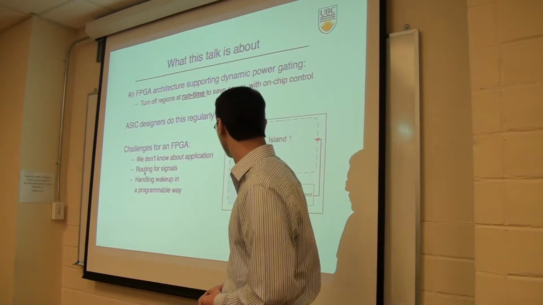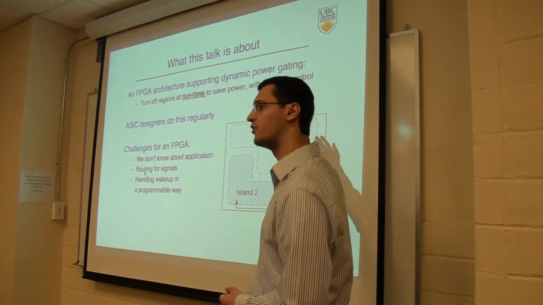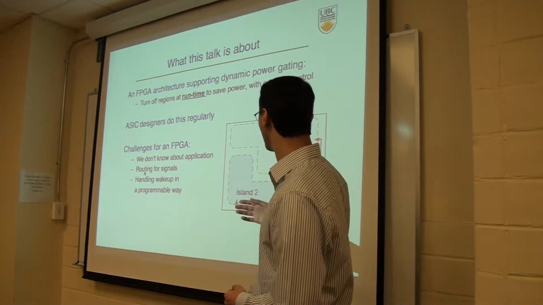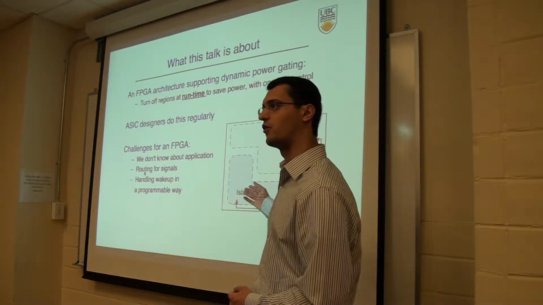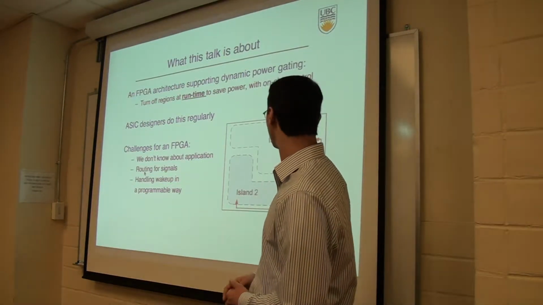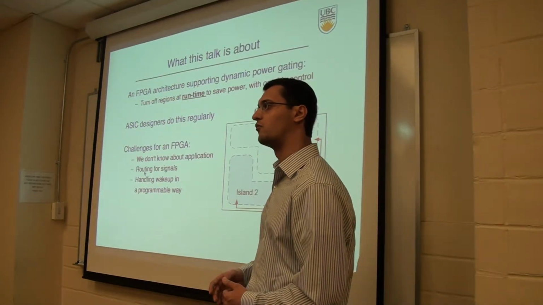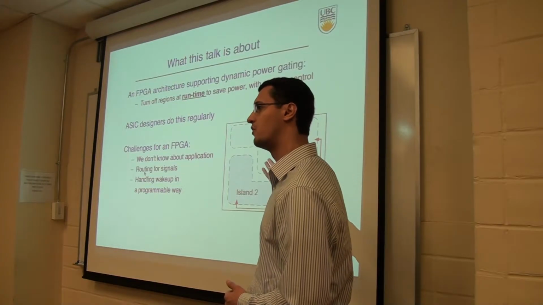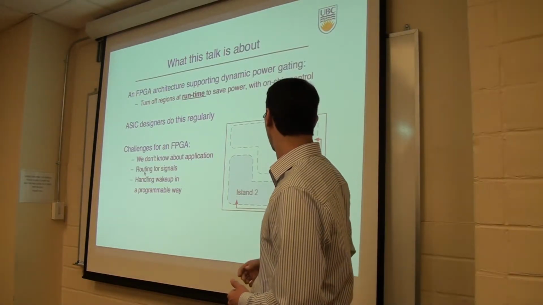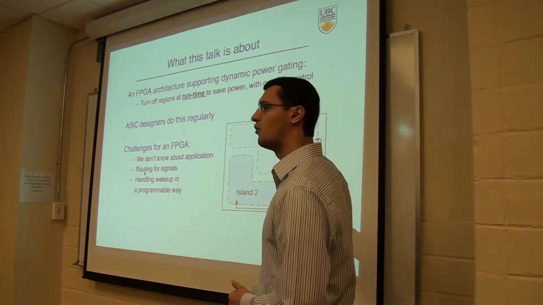This figure shows the idea. If we have an FPGA with an application that has two subcomponents, for example island 1 and island 2, when one of these components goes into idle mode, we want to turn it off to save its leakage power. This is done using some on-chip control.